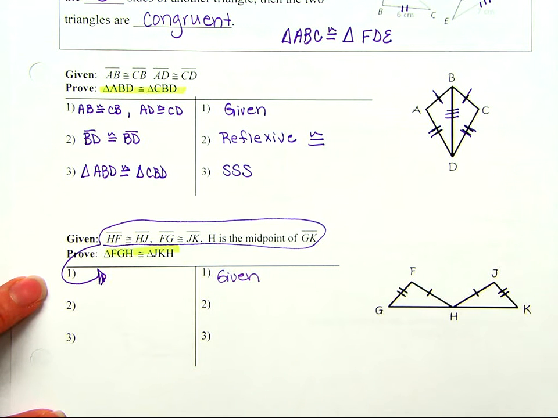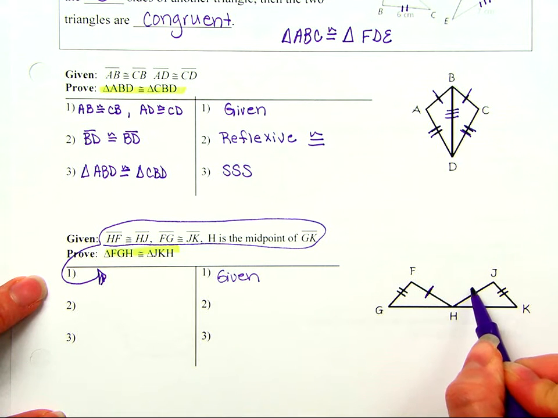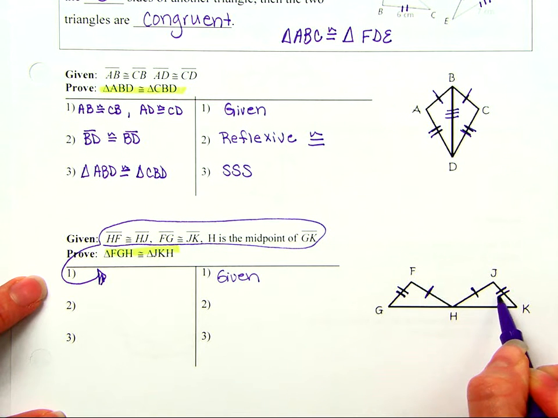As we read through it, it says that HF is congruent to HJ, those tick marks there. FG is congruent to JK, and that H is the midpoint of segment GK.